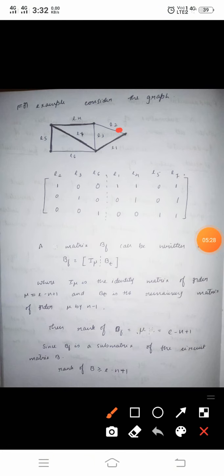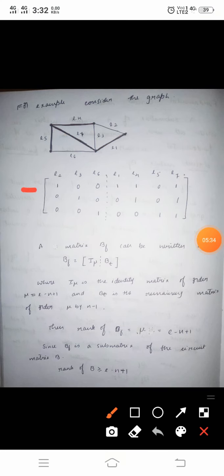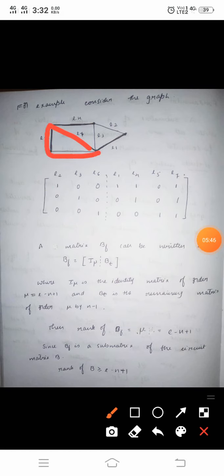So, the fundamental circuit formed by E2 is this. We will take it as the first row. And the circuit formed by E3, we take as the second row. And the fundamental circuit formed by E6, we take as the third row.